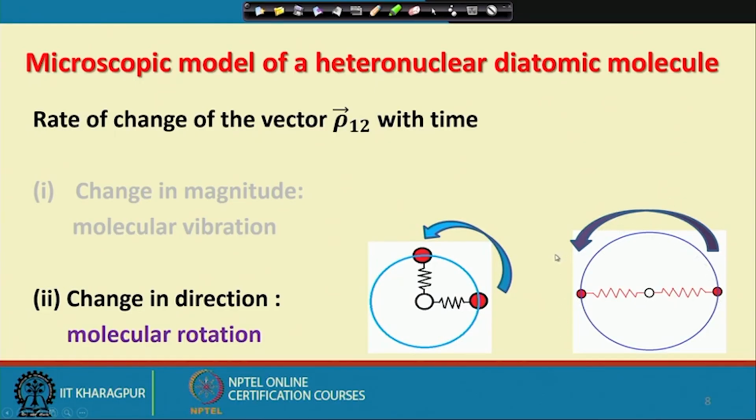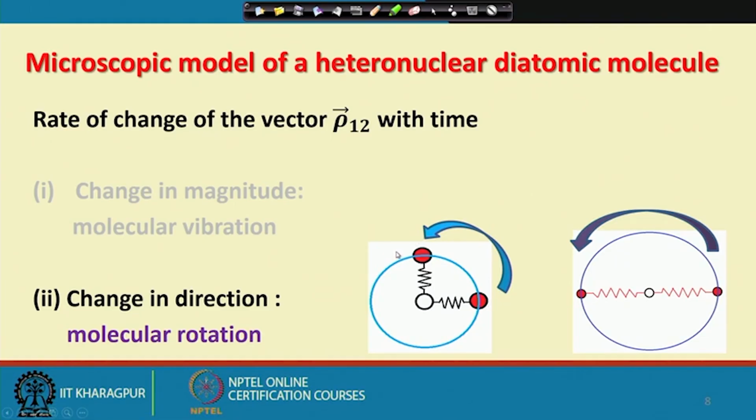What is important here is the time scales: because of the difference in the energy scales, the time scale required to stretch is much longer than the time scale the molecule requires to execute this rotational motion.